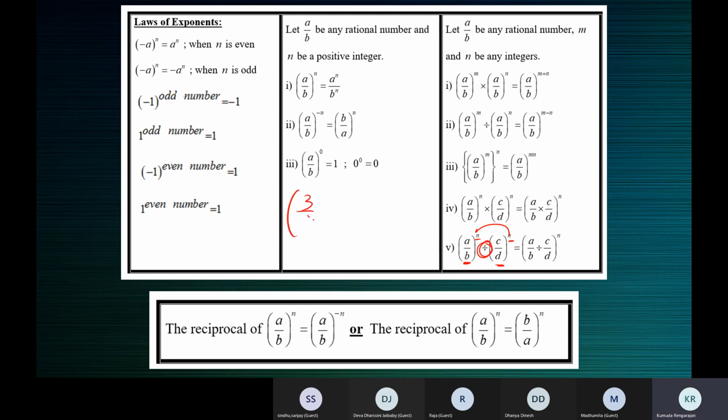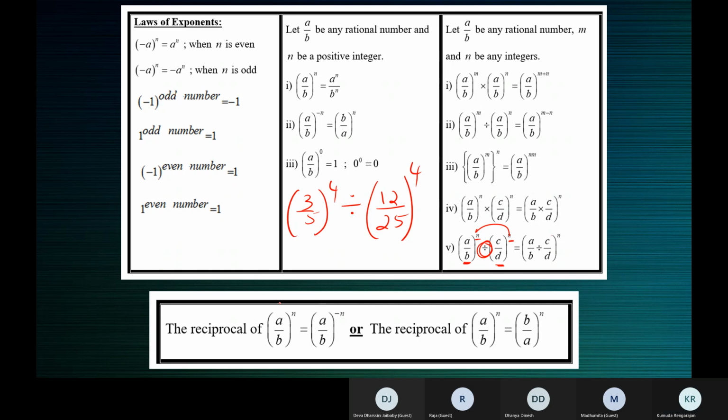So if you have (3/5) to the power 4 divided by (12/25) the whole power 4, what would you do? It will be 3 by 5 divided by 12 by 25, the whole power 4. Put them in the same bracket and raise it to that power 4.